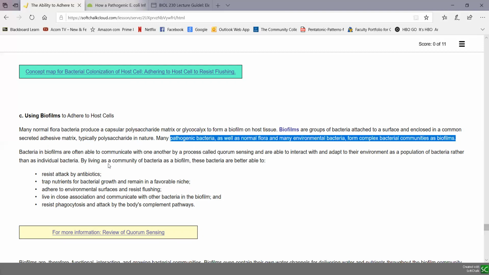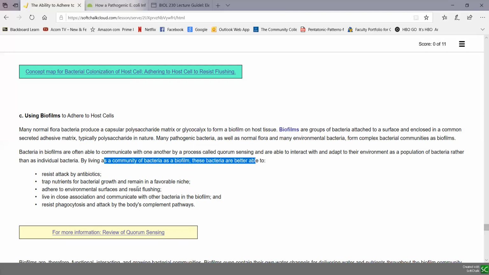And by living as a community within a biofilm, that offers several advantages to bacteria. They're more resistant to attack by antibiotics because the antibiotics don't diffuse well through the biofilm. And many of the bacteria growing in the biofilm are actually growing quite slowly, so they're less affected by the antibiotic than rapidly growing bacteria.